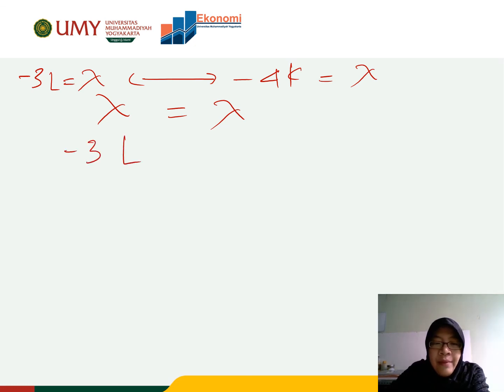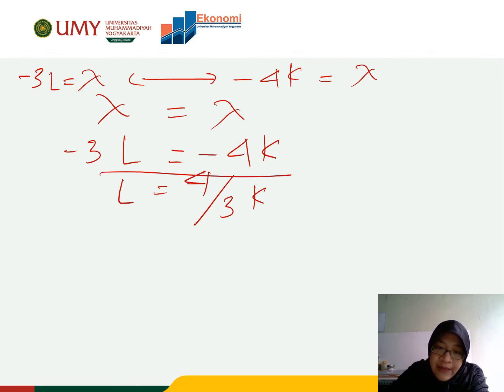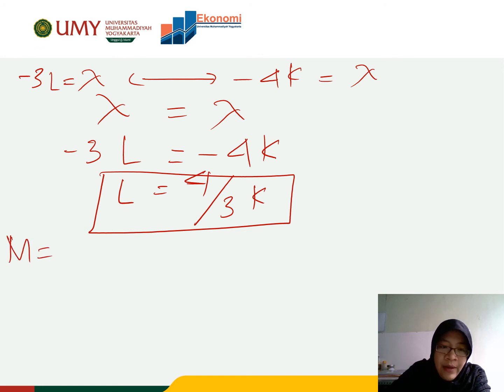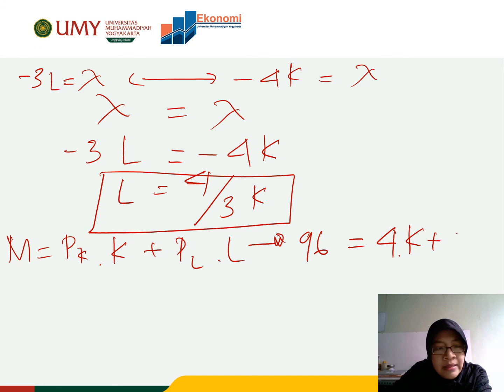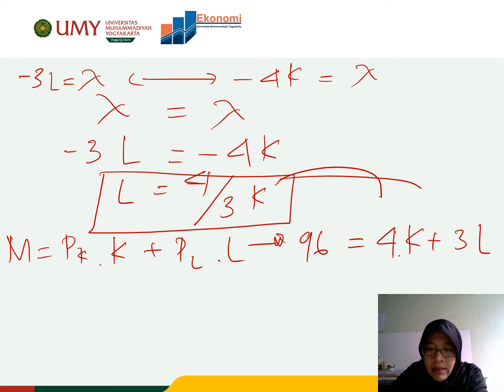We can find minus 3L is equal to minus 4K, or L is equal to 4 per 3 K. So we already have this equation and put it into the budget equation M equal to PK multiplied by K plus PL multiplied by L, which previously is 96 equal to 4K plus 3L.